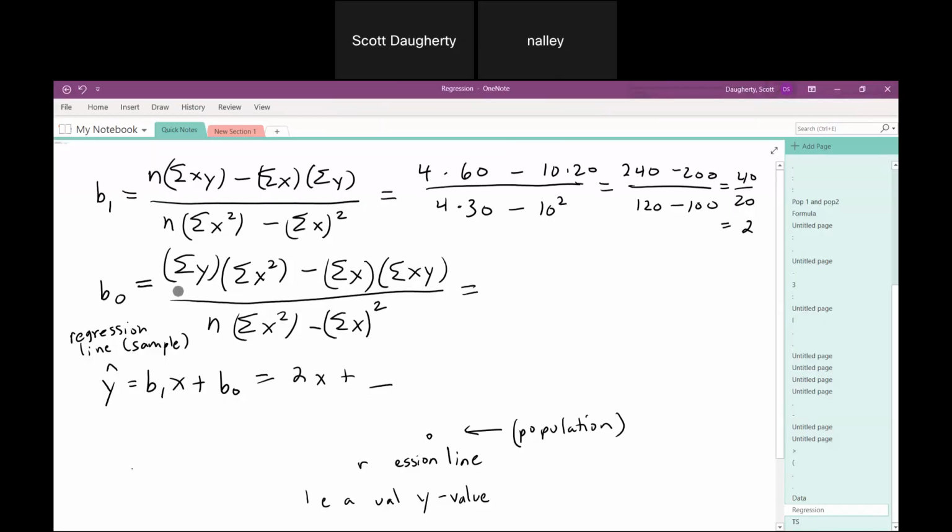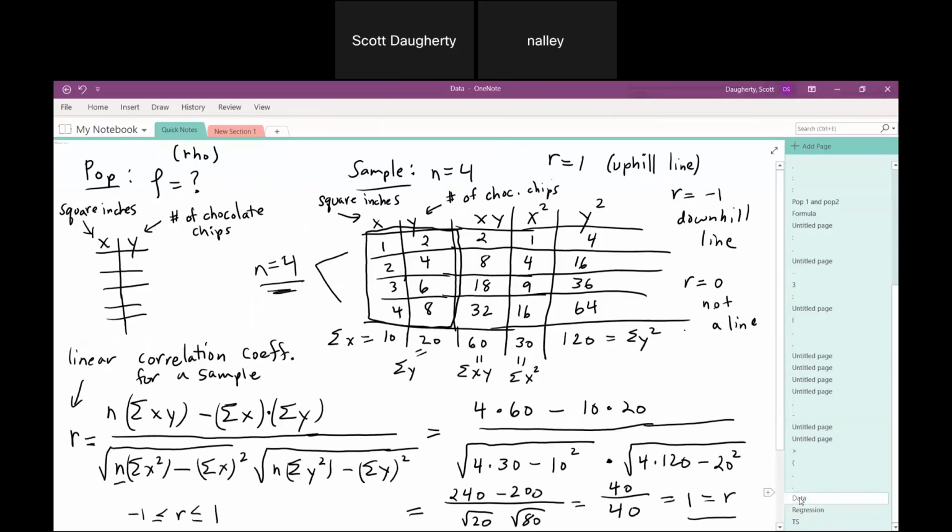Okay, and this is the formula for finding the y-intercept, B sub 0. Take the sum of the y's. The sum of the y's was 20. The sum of the x's squared. Let's go back and look at that. I forgot what it was. So the sum of the x's after you squared them, that's 30.